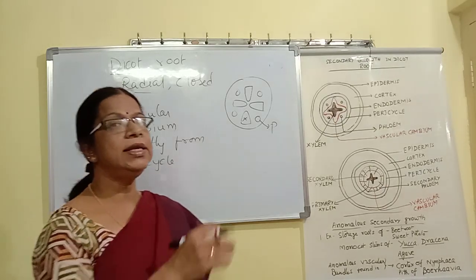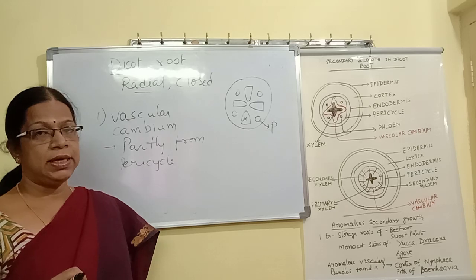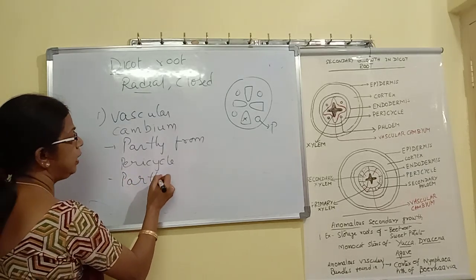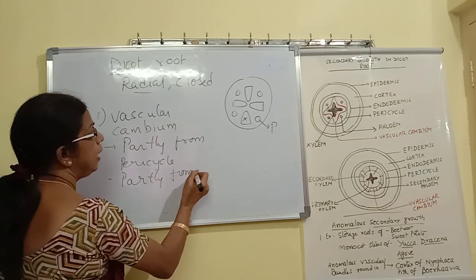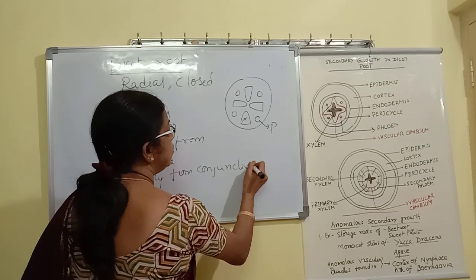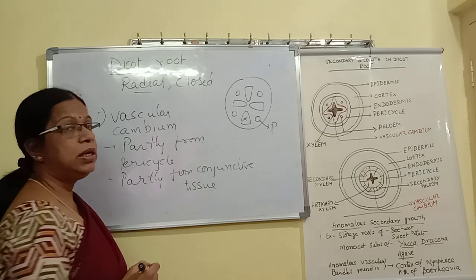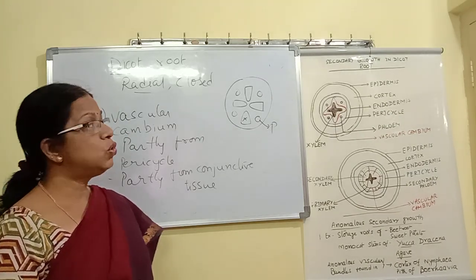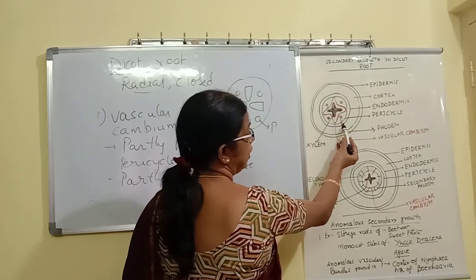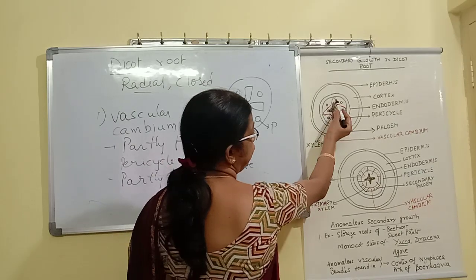You know the pericycle is the layer surrounding the vascular bundles. We can see here, the line which I have indicated in blue is the pericycle.